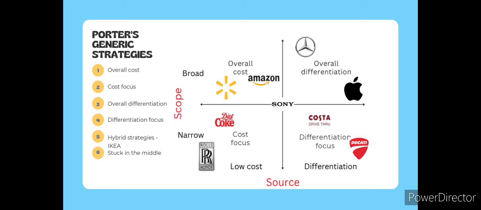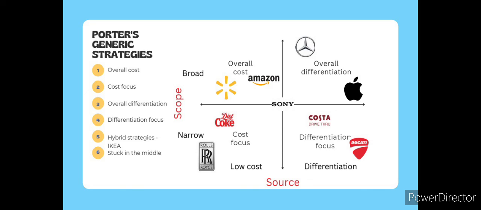Then finally, we come to those companies who try to do the same as IKEA by incorporating a hybrid strategy, but unfortunately failed at it. A prime example of this can be Sony. The reason being that Sony, in the attempt of trying to differentiate themselves, weren't able to differentiate themselves enough, because their products were pretty much similar to other market leaders and they weren't necessarily anything quite different.